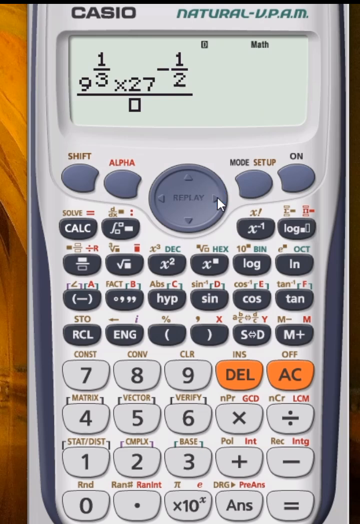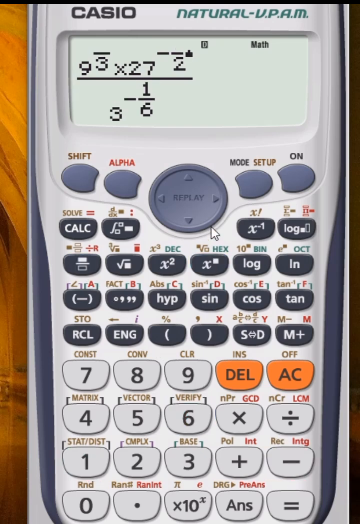So we move on to the denominator part. For the denominator, we have 3 power negative 1 out of 6 times 3 power negative 2 out of 3. Okay, so I have successfully inputted the expression into my calculator.